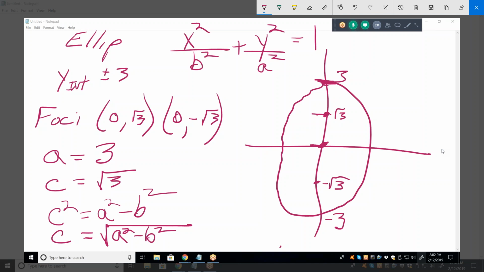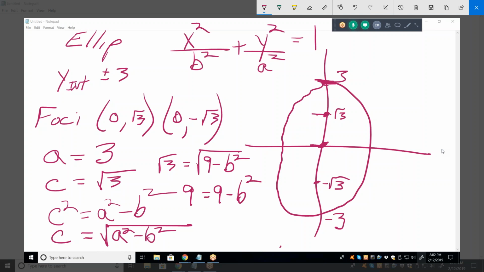So if I substitute and solve this, I've got square root of 3 for C equals the square root of 9 minus B squared. Square both sides, I get 9 equals 9 minus B squared.